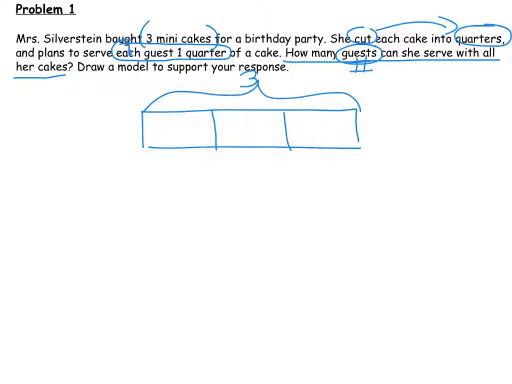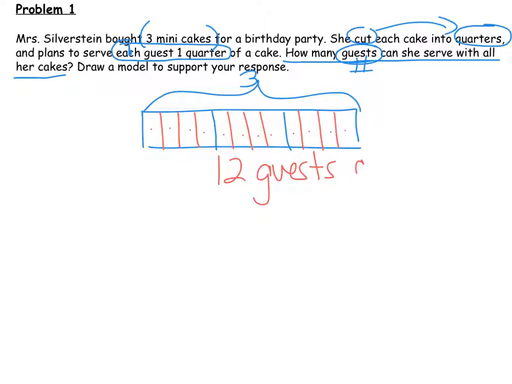And I'm cutting them into quarters. So each one's getting 4ths. So how many guests can I serve? Let's count. 1, 2, 3, 4, 5, 6, 7, 8, 9, 10, 11, 12. So 12 guests can be served.